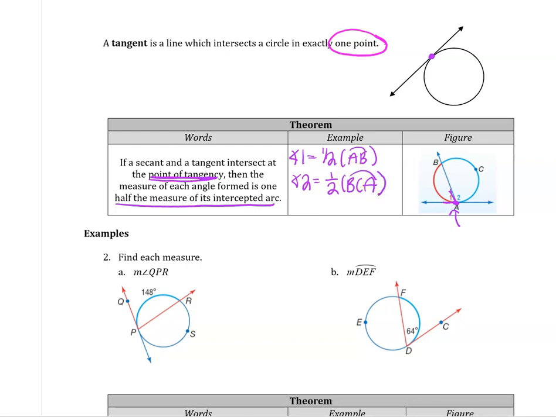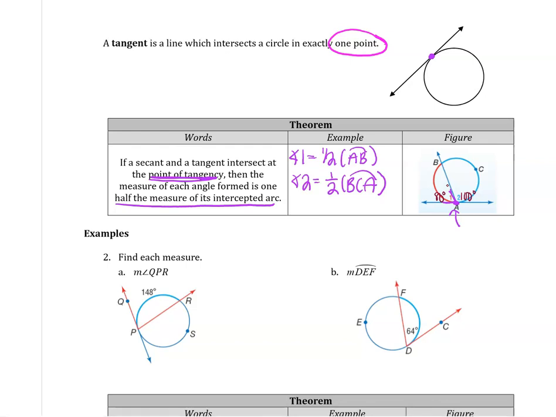Okay, so for example, if I were to throw some numbers in here just to give you context, let's pretend that angle 2 is 100 degrees and angle 1 is 80 degrees, which would make sense because those would be on a line and they'd be supplementary, so they're linear pairs.